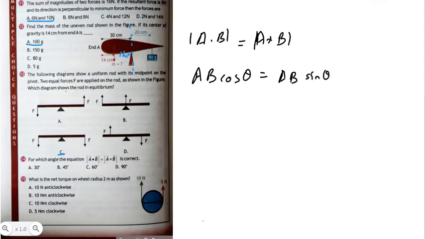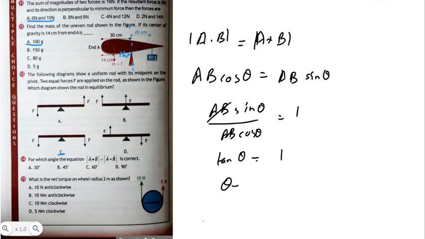So if you divide AB sine theta by AB cos theta, you will get 1. AB will get cancelled and sine by cos is tan theta. So theta will be equal to tan inverse of 1, which is 45 degrees. So option B is the right answer.